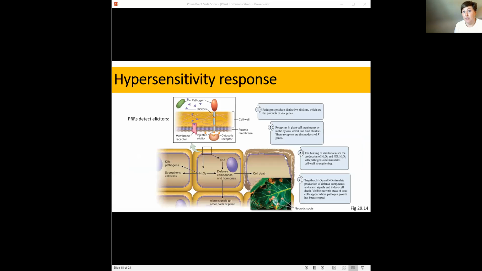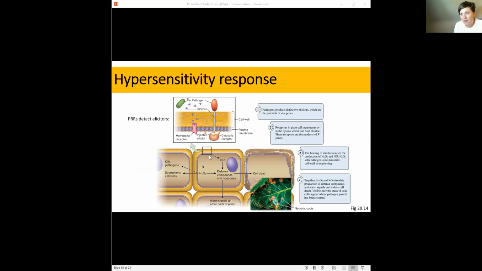To orient you to this figure, you are looking at a plant tissue. In other words, several plant cells joined together. You can see here an enlarged image of what is happening to this cell in particular. It's being attacked by a pathogen. The pathogen has elicitors that bind to the plant's pathogen recognition receptors.